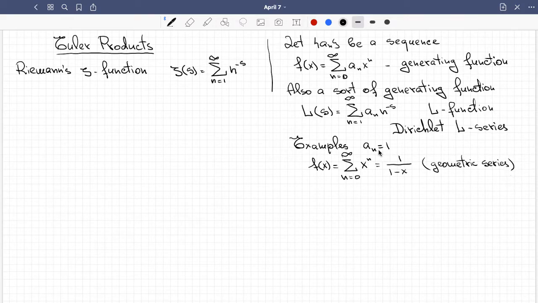With the same sequence, where all a_n's are equal to 1, we have the function L of s as the sum from 1 to infinity of n to the power minus s, which is the Riemann zeta function.